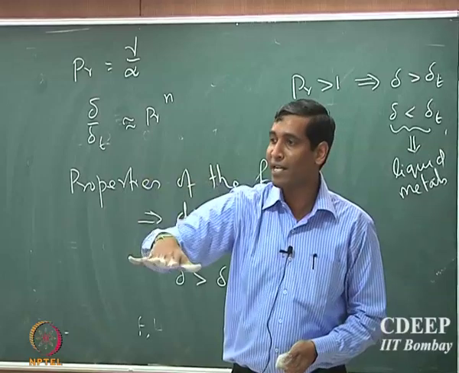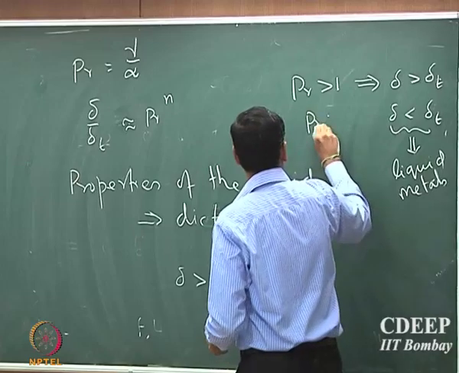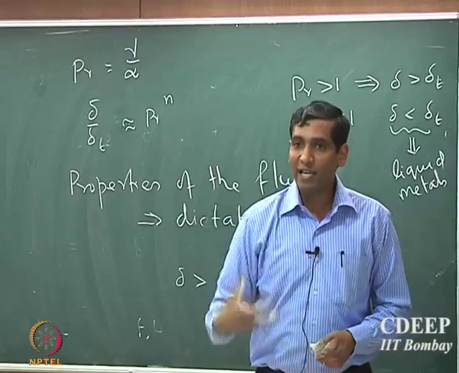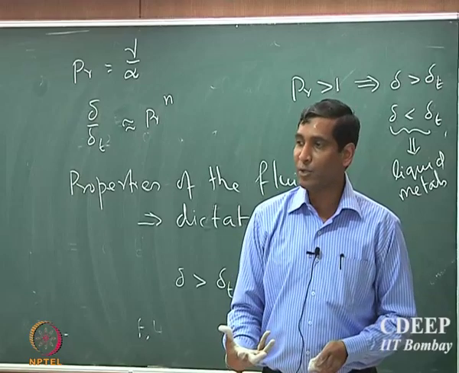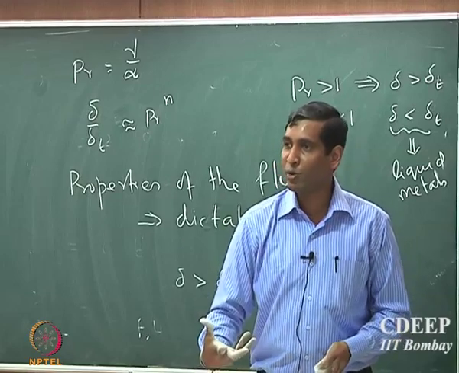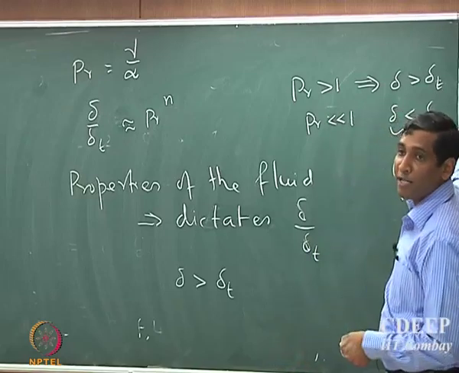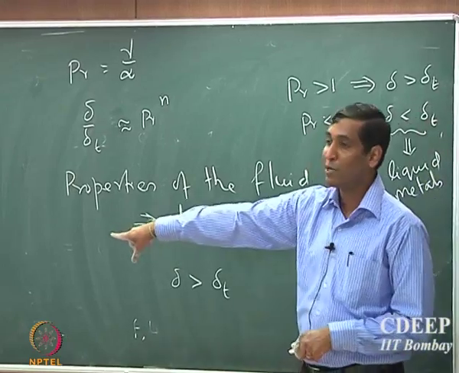So you have a liquid metal present. In those cases you will see that the Prandtl number is much smaller than 1. So there the heat transport process is completely different because the momentum boundary layer thickness is going to be smaller than the thermal boundary layer. Therefore the heat transfer properties are completely different. In fact that's why the exponent is different.